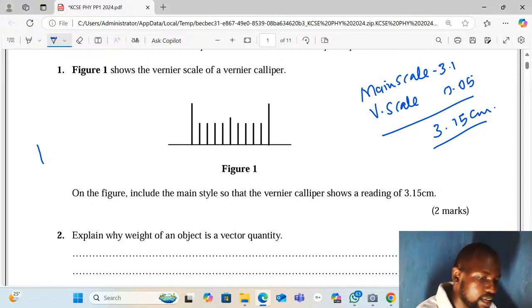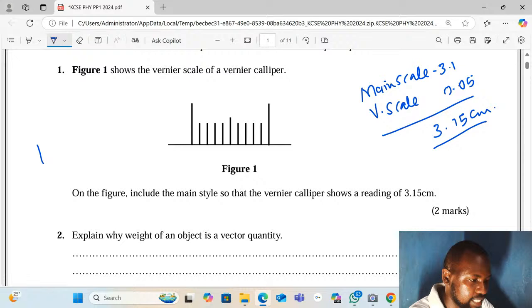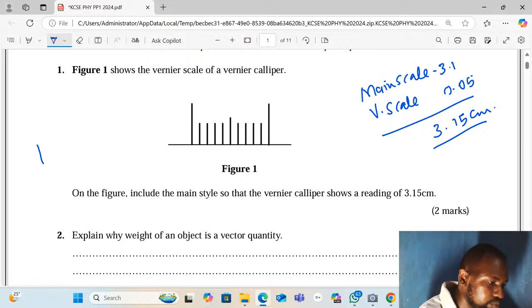Therefore, for us to get 3.15, we must first draw 3.1, and the 3.1 must be on the left side of the 0 mark of the vernier scale. So you can say this is 0, this is 1, 2, 3, 4, 5.